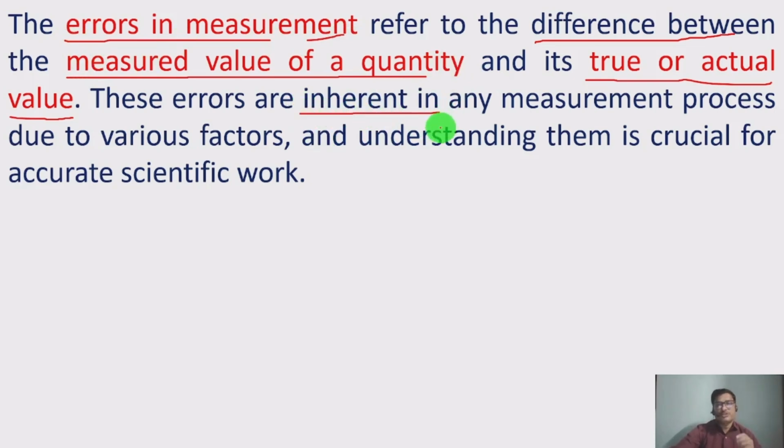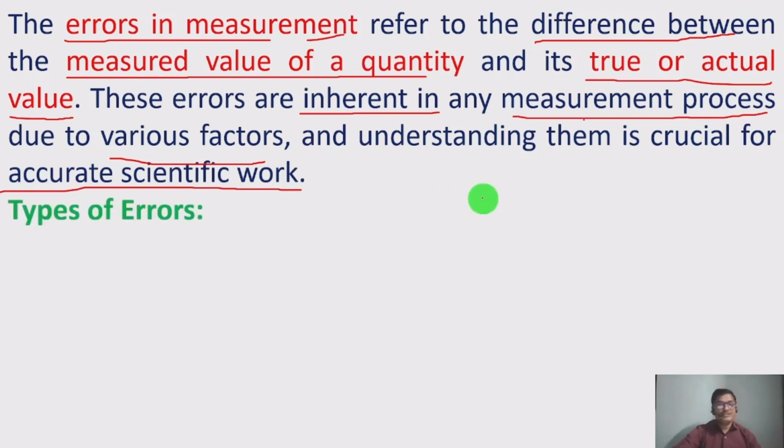Those are always present in any measurement process due to various factors. Understanding them is crucial for accurate scientific work. For this, we should understand what the types of errors are and how they occur.